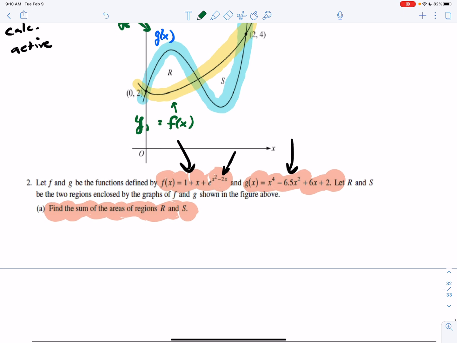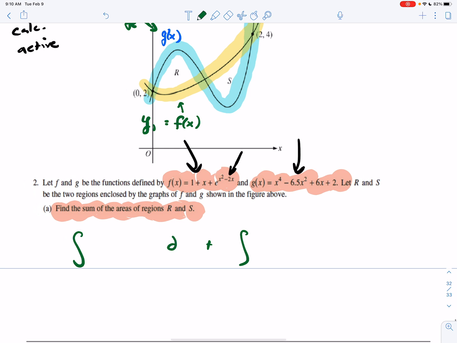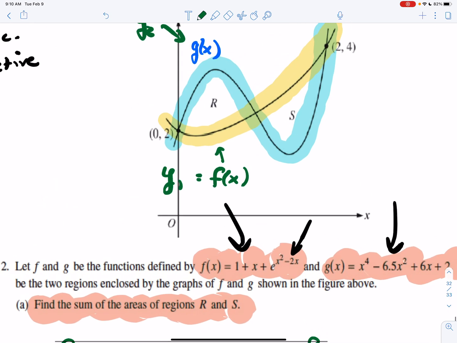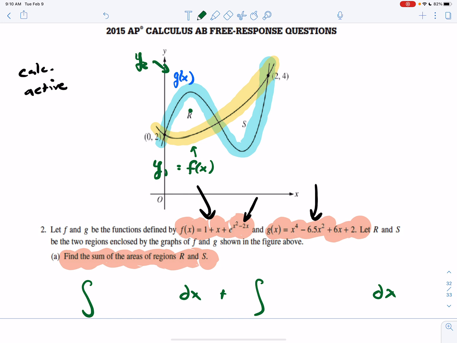So here's the setup. Okay, we know that we have to have two different integrals. All right, we know that it's with respect to x. We know that if we're in the region R, the top function is y2, so this will be y2 minus y1. But if you're in region S, the top function is f, which is y1 minus y2.